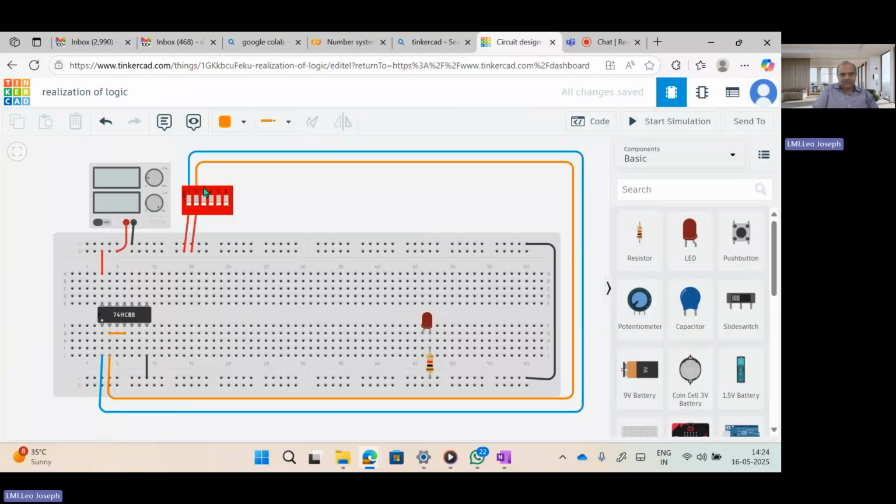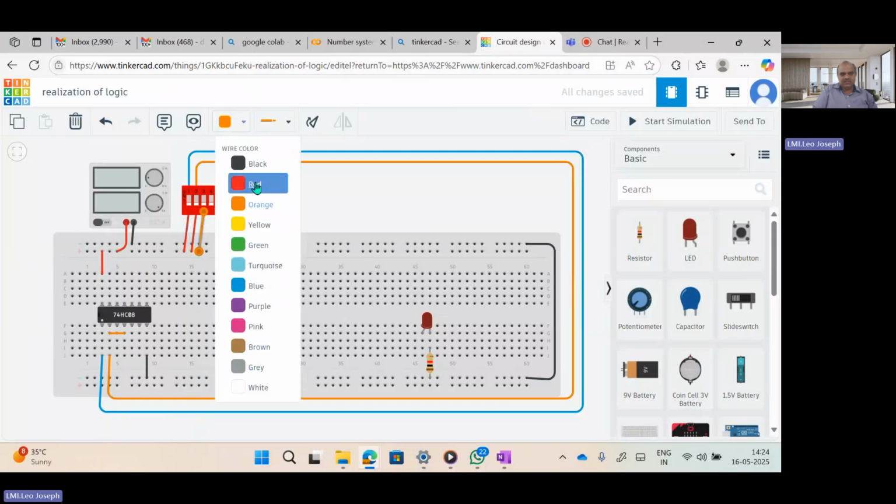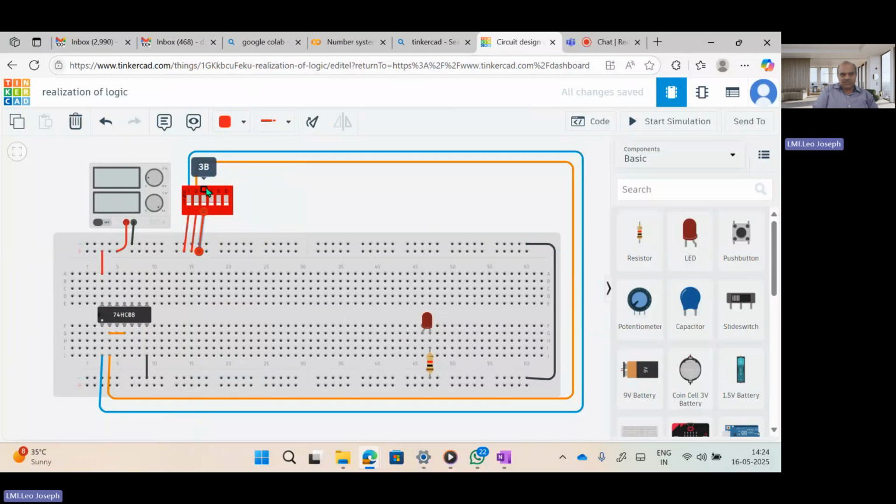And from the third pin, I am giving one input here, that is the third input, and changing this color to red. And from the third pin, I am taking the output and giving it to the fifth pin. This is the fifth pin.